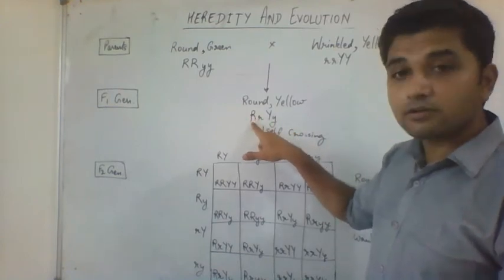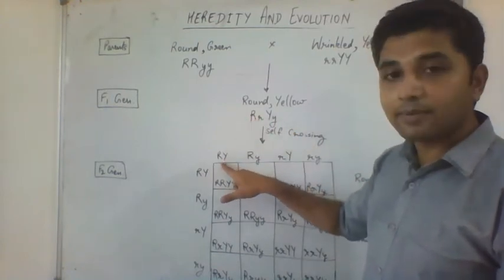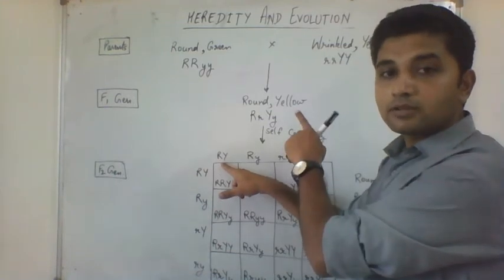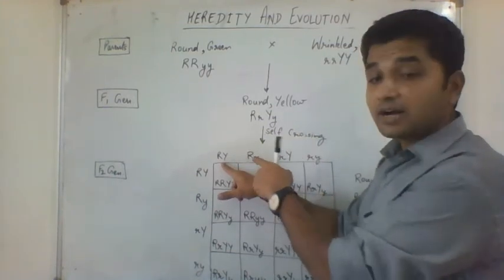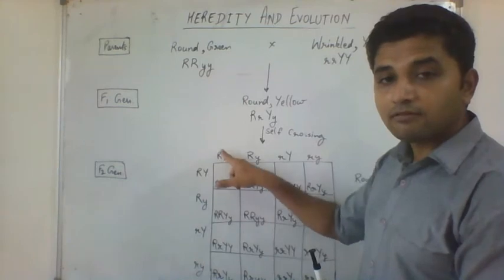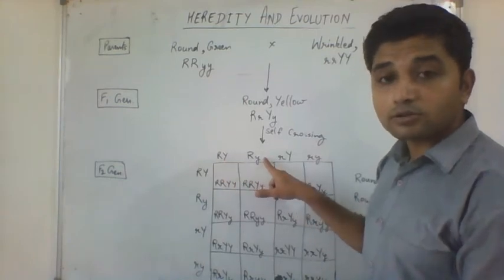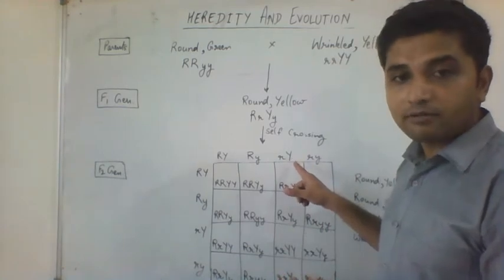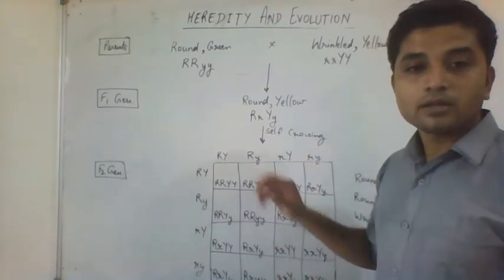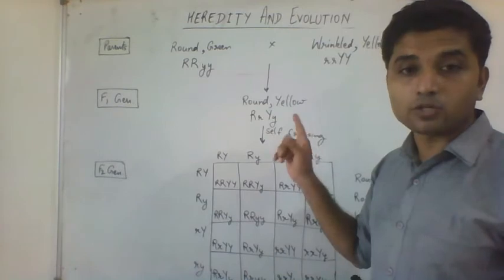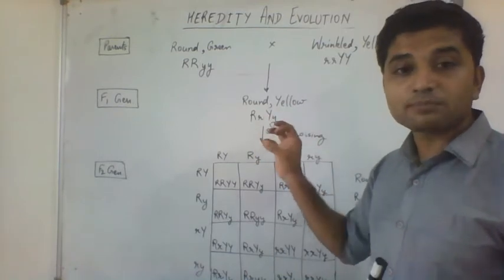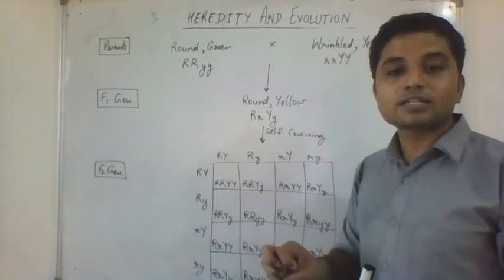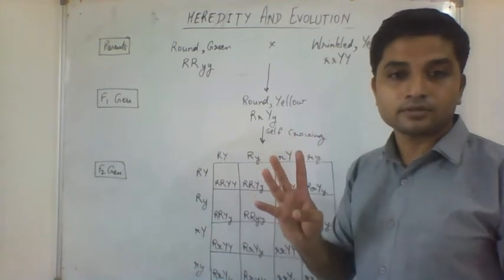So if capital R goes in the gamete, and capital Y goes in the gamete, the gamete will have R and Y. Otherwise the gamete can have capital R and small y, or small r and capital Y, or small r and small y. There are four different combinations possible, so the gametes will be of four different types.